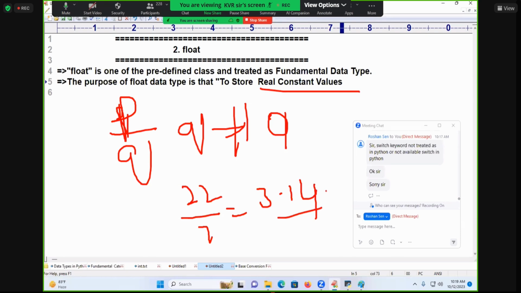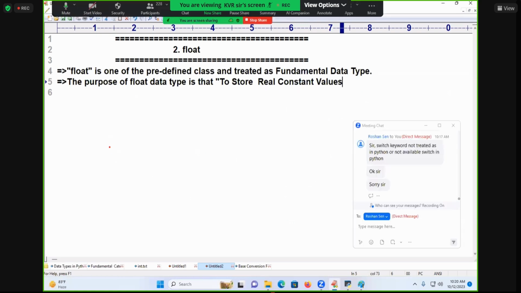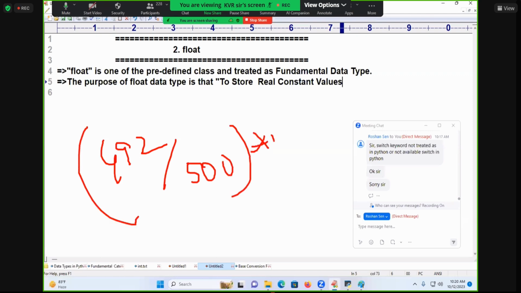3.14. Of course, lot of values are also there. Correct, students? Your marks which you are securing in the college, out of 500, you are securing 492. By 500, you are calculating the percentage into 100. Are you getting some integer values, some decimal values? This is known as the integer part. Right side of the dot is called the decimal part.